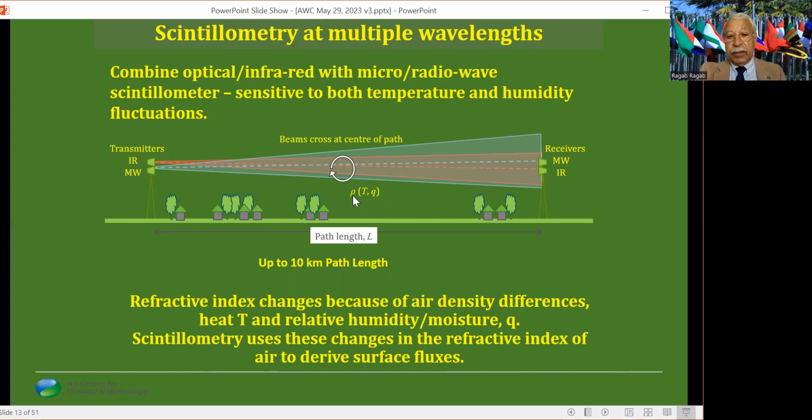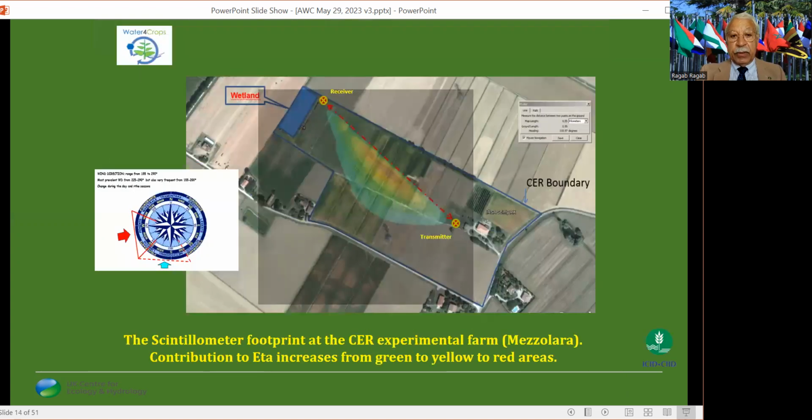The change in the density of the air is a function of the evapotranspiration, and the change in density is caused by the change in temperature and the relative humidity. From these, we can calculate the actual evapotranspiration over a transect of up to 10 kilometers over different crops between the transmitter and the receiver.